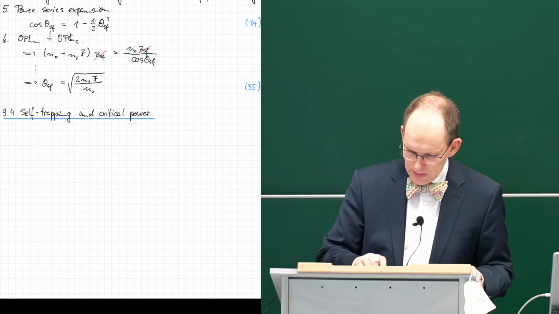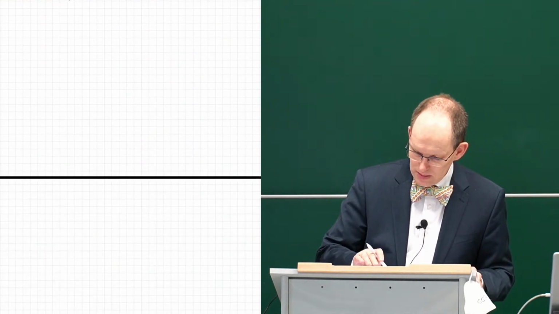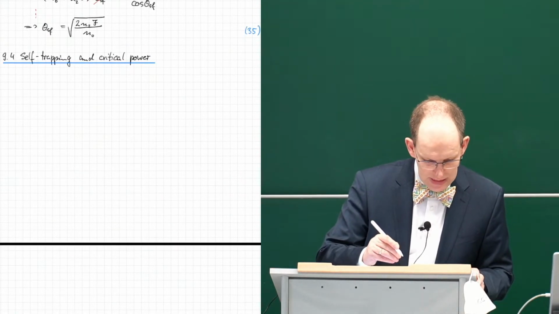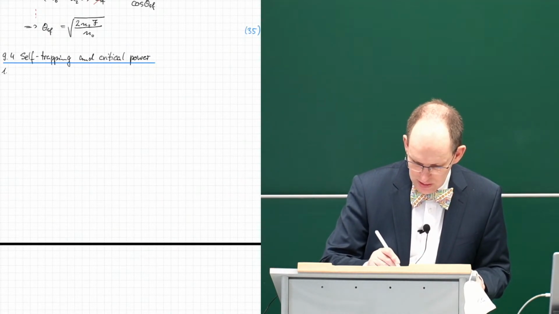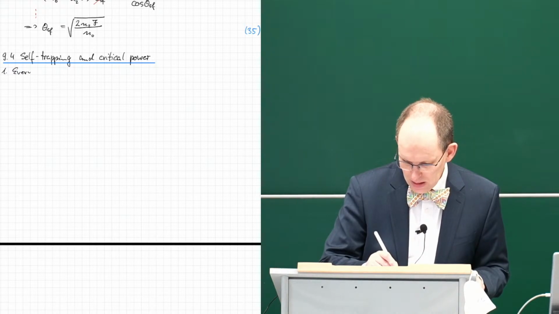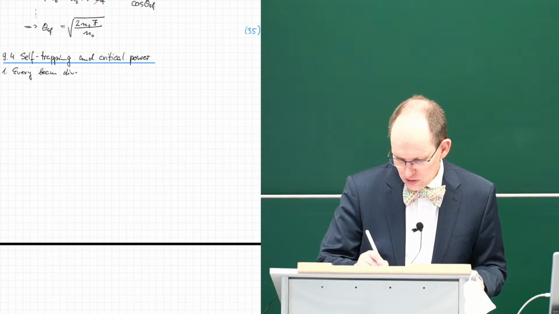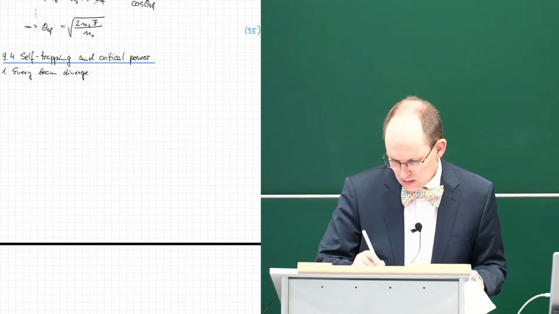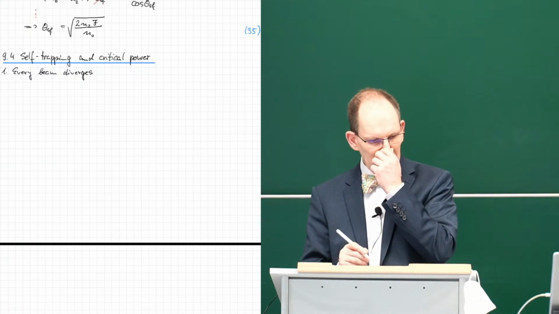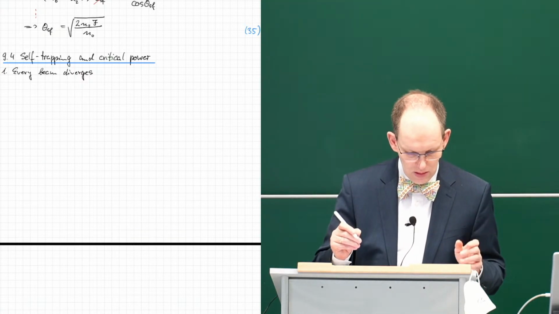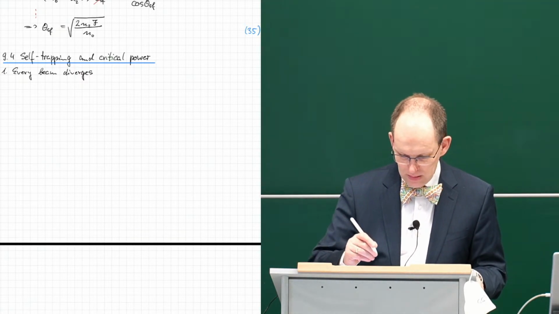So we start with this well-known fact that every beam diverges. The smaller the beam size, the more. The longer the wavelengths, the more. You know this.